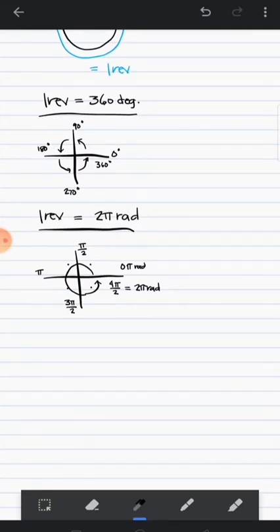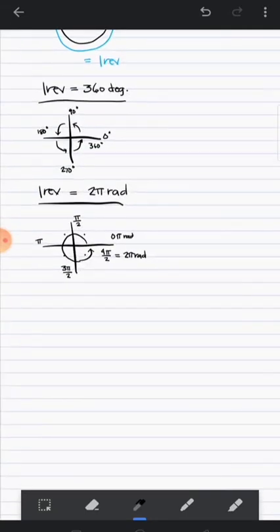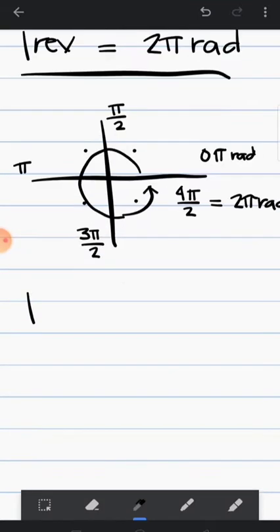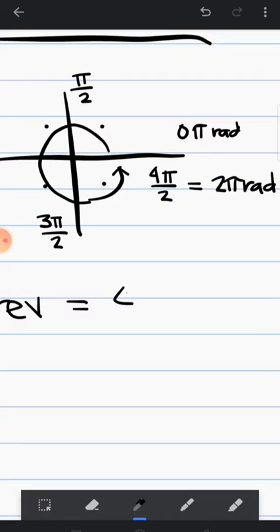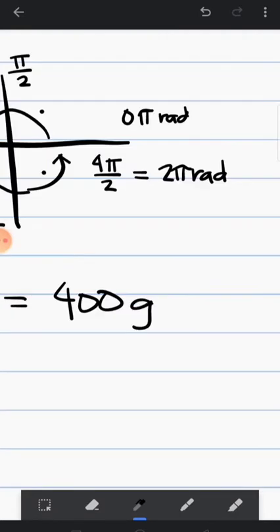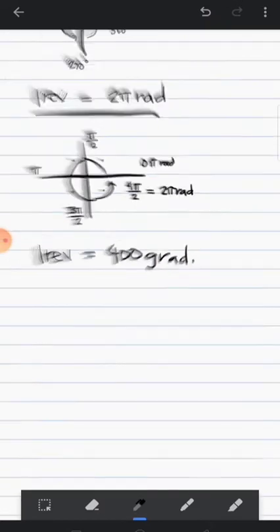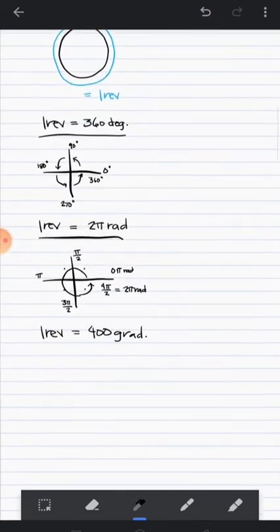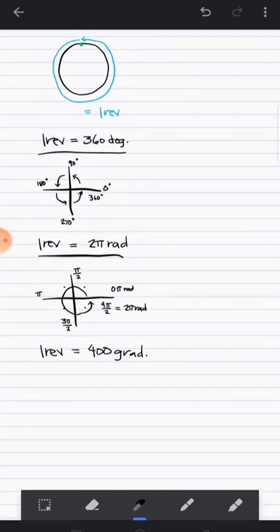And also, there is another way to represent an angle, and that's gradients. So 1 revolution is equal to 400 gradients. These terminologies just represent the way we represent an angle.